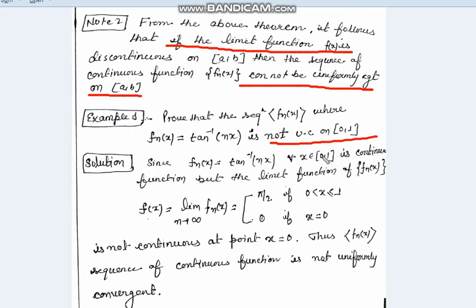If we put x equal to 0 here, we get tan inverse 0, and we know that tan inverse 0 is always 0. That means f_n(0) is equal to 0, that is a constant function, and we know that a constant function is always continuous.